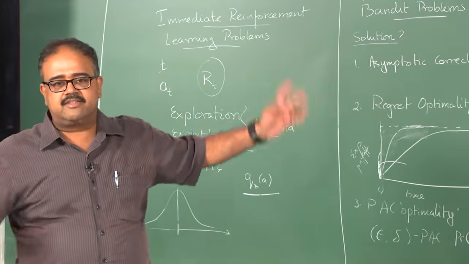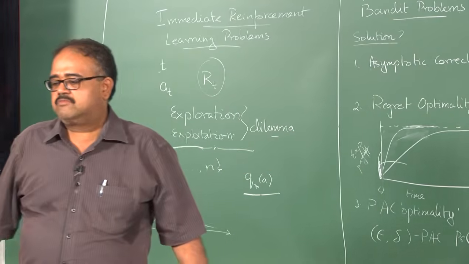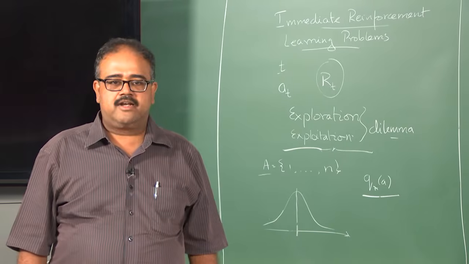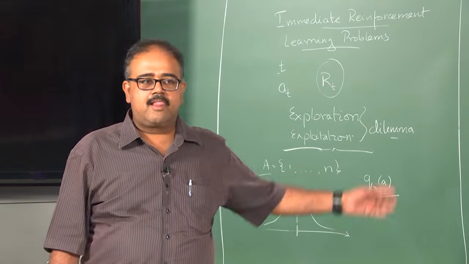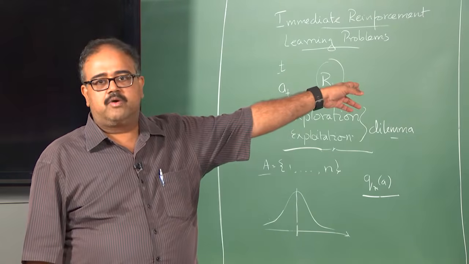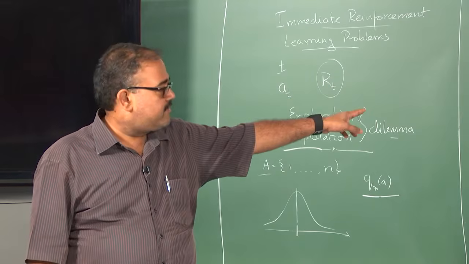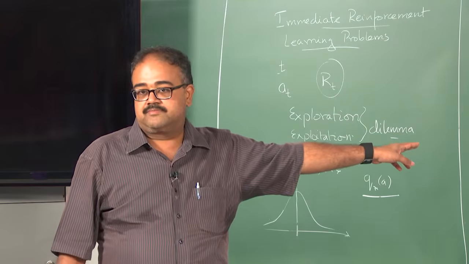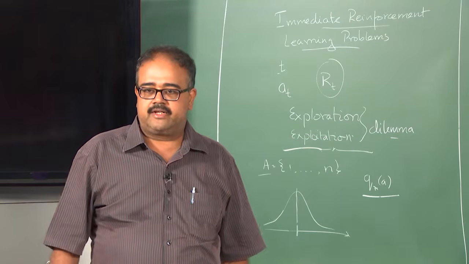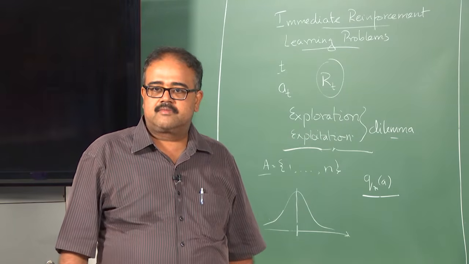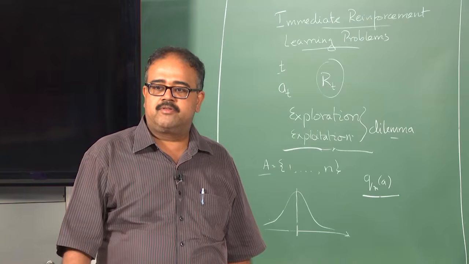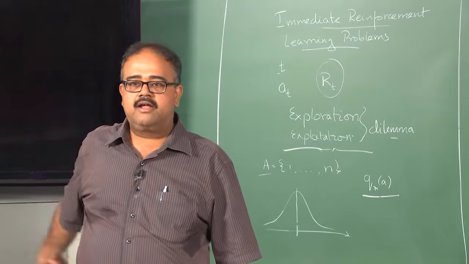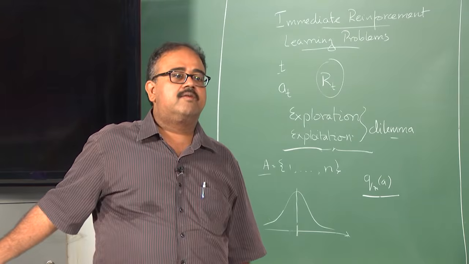I could have initialized them with 100, or could I initialize them with minus 100, I don't know. Whatever I initialize them with, they will stay there, but this one will become 1. Now, if I am doing greedy, what will happen? I will do this again. Let's assume that I get a 1 again, and then keep getting 1 every time I pull this. So what will happen is I will never ever sample any of the other arms.